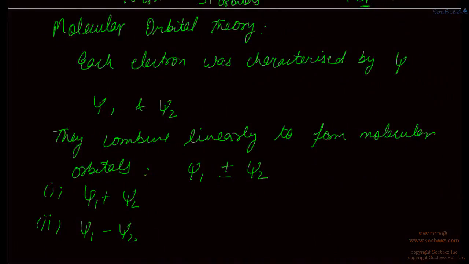So these two orbitals, psi1 and psi2, give two other orbitals, psi1 plus psi2 and psi1 minus psi2. And the energy of psi1 plus psi2 is lower than that of the individual psi1 and psi2 energies. Therefore, they have lower energy and are known as bonding orbitals.